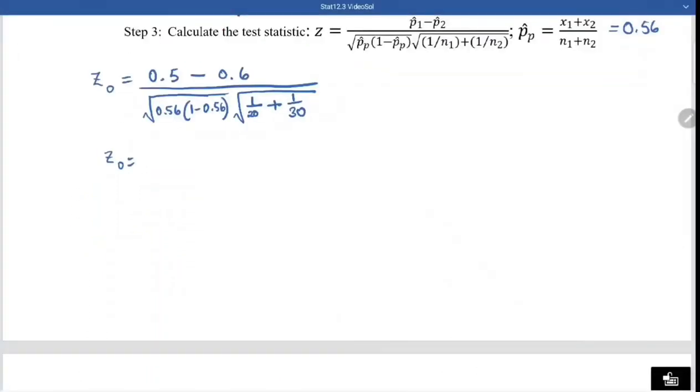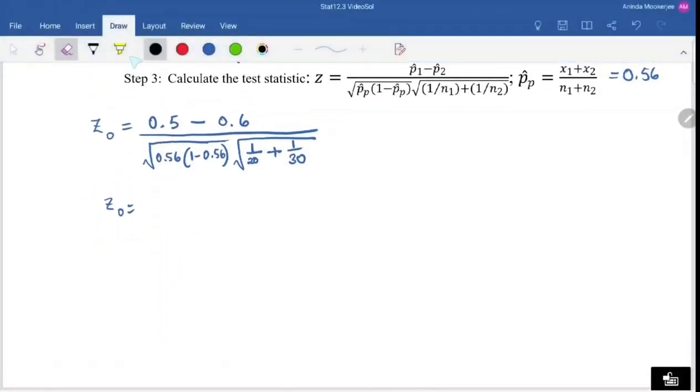So z sub 0 calculates to, just a second, negative 0.10 divided by, now 0.56 times 1 minus 0.56 is 0.44.